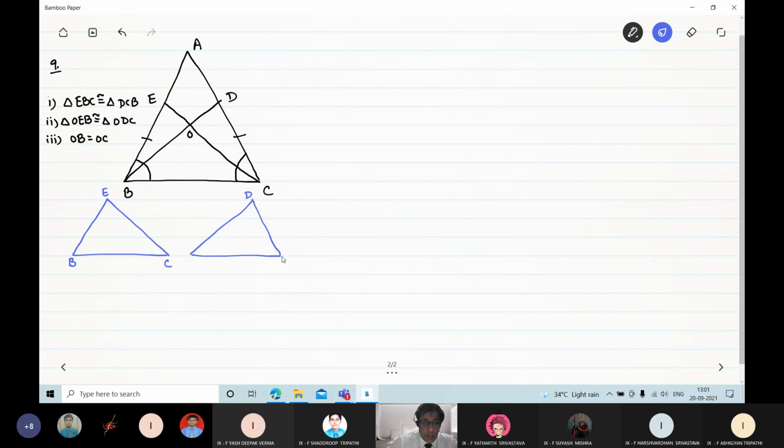So this is D, this is C, this is B. Now, as per the figure, angle EBC is equal to angle DCB. This side is equal to this side. It is given. What else do you see in the figure which is equal, children, in these two triangles? You see the base. The base is BC and BC. Do you see this? The base is common.